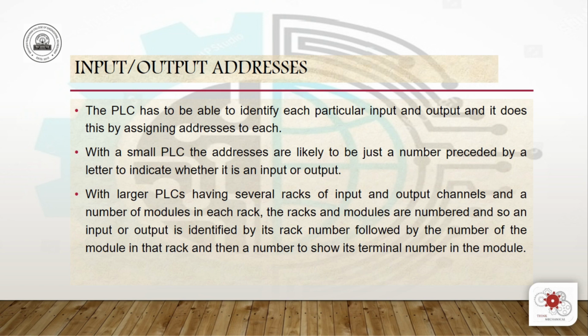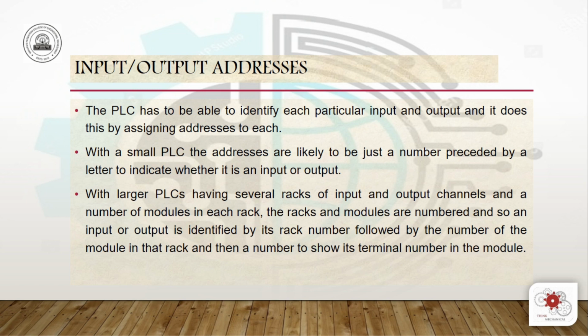This address allocation is nothing but your IO address. With small PLCs, the addresses are likely to be just a number preceded by a letter which indicates whether it is input or output. So I is used for input and O is used for output.